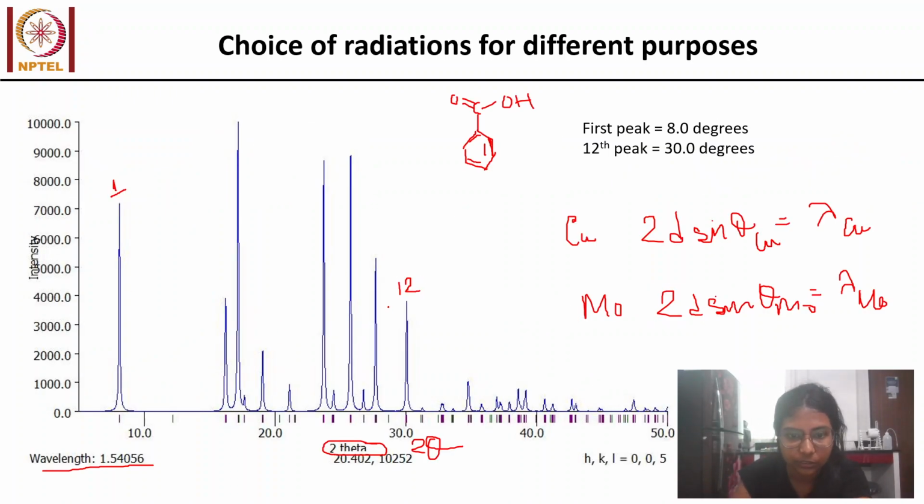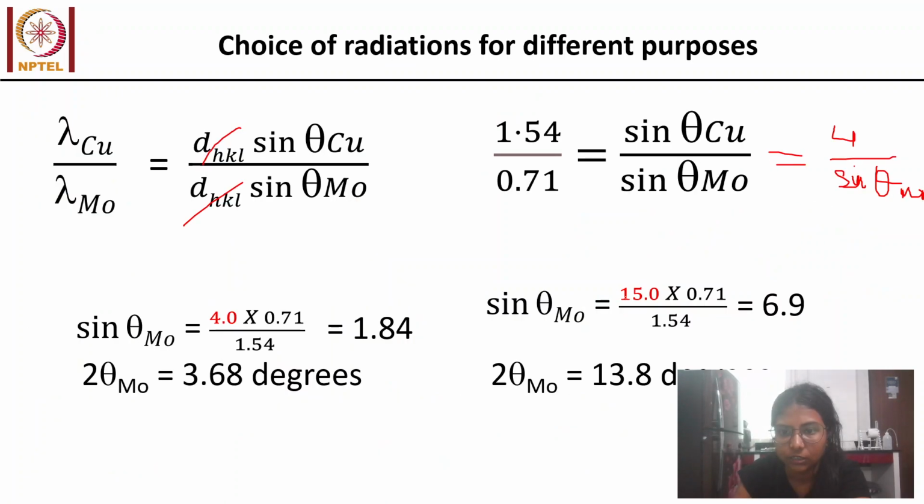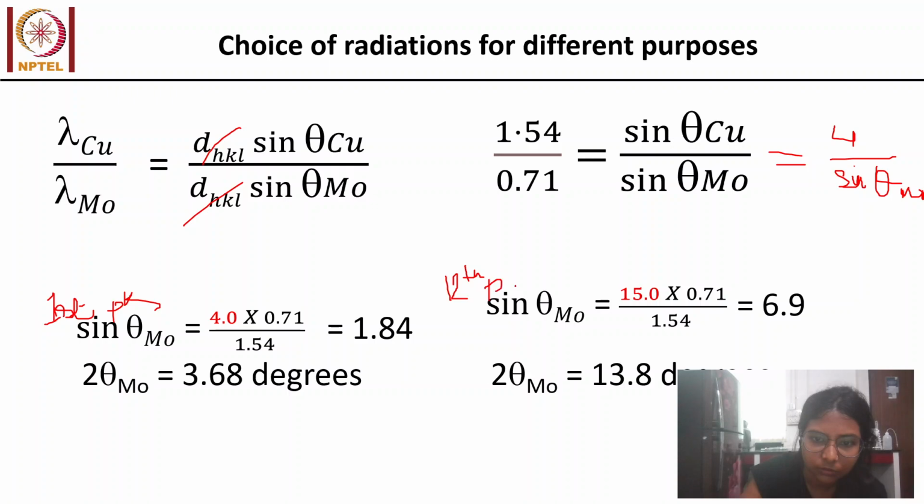Now let us talk about this 12th peak, which was coming at 30 degrees. Half of that will be 15 degrees, and this is the sine theta of molybdenum for the 12th peak. So this is for the first peak, and this is for the twelfth peak.